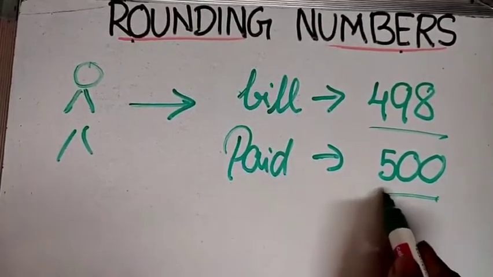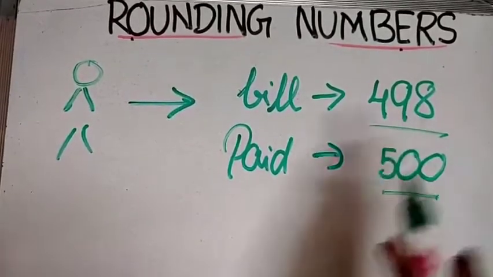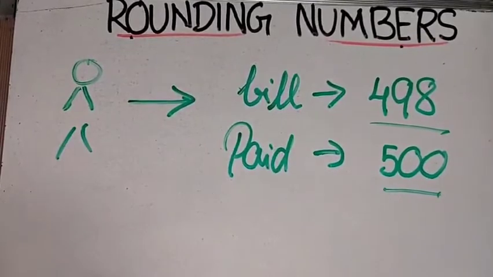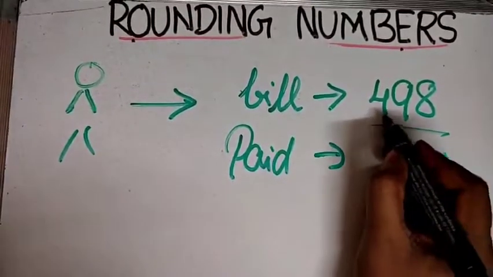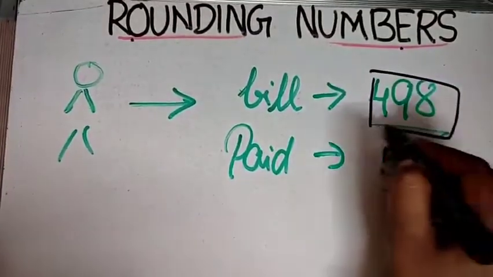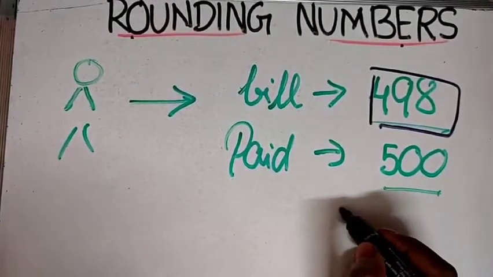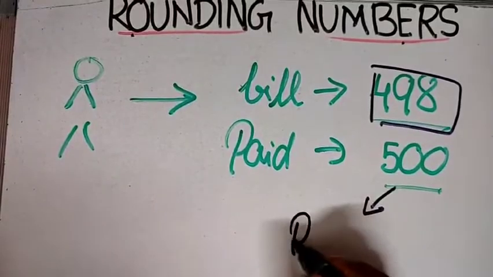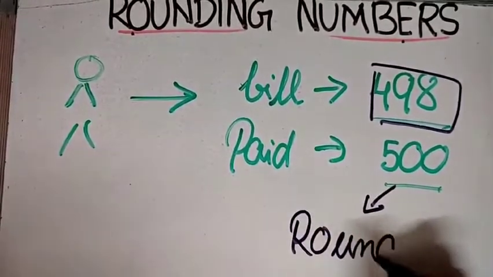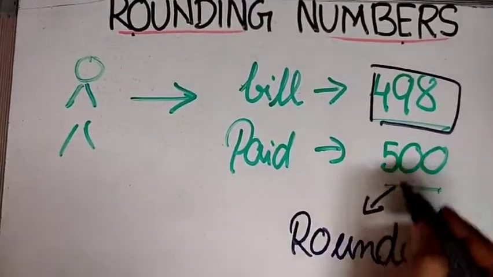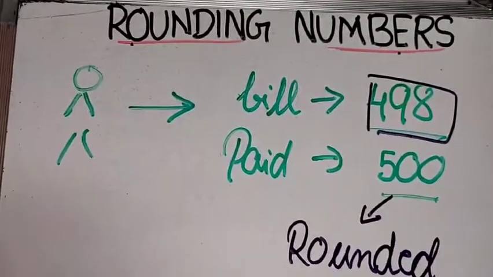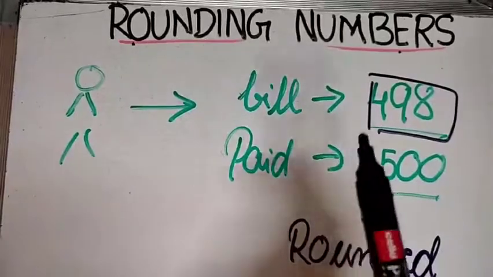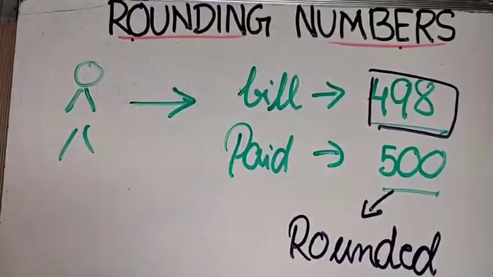Why did he pay 500 instead of 498? Because he has rounded the amount 498 to the nearest hundreds, that is 500. So according to the number, we can round the value.